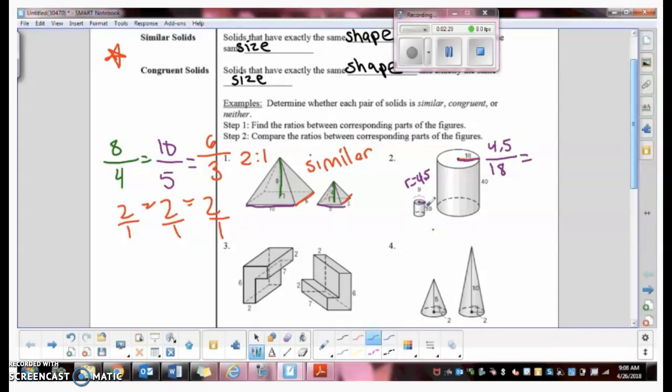And then we'll see, does that equal the same thing as 10 over 40? If you do the calculations, you should get 0.25 equals 0.25. So these shapes are also going to be similar. So we win again.